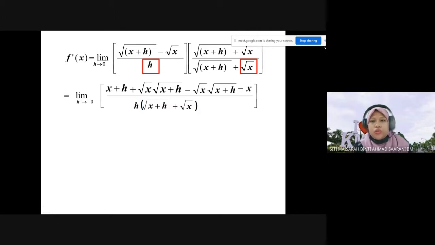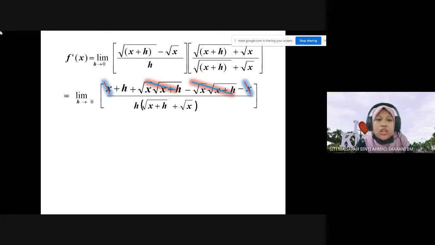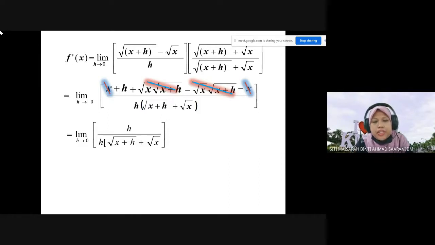And then minus x kat belakang ni. Depan ni ada plus x. Minus x. So dia habis. So apa yang kita tinggal kat bahagian atas tu, kita just tinggal h lah. h, we have a limit h approach 0. h kat atas je, h over h multiply (√(x+h) plus √x).